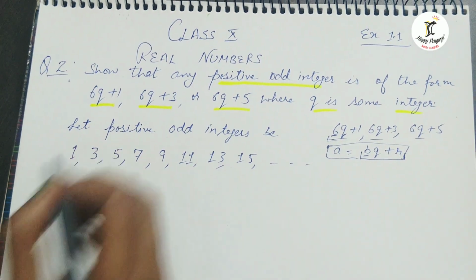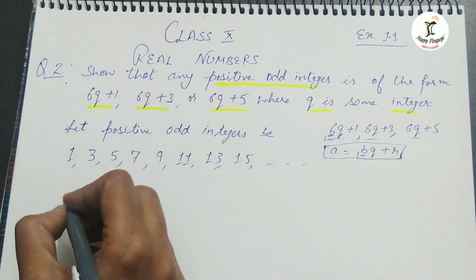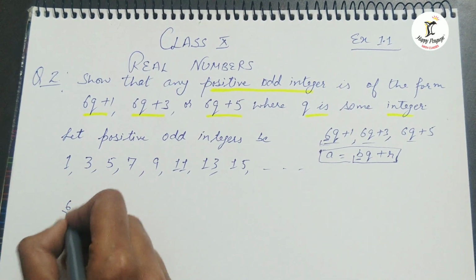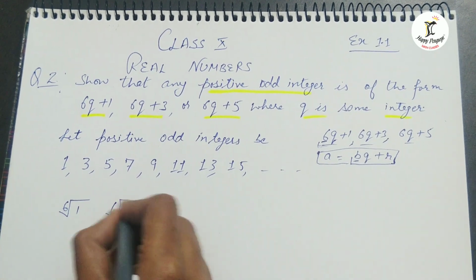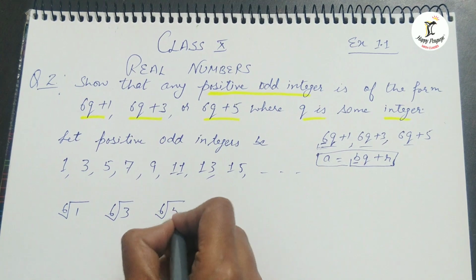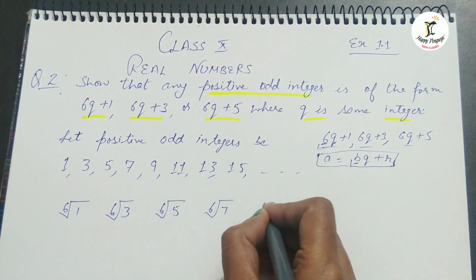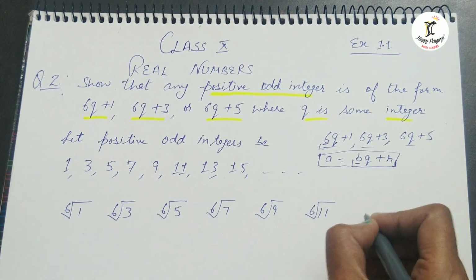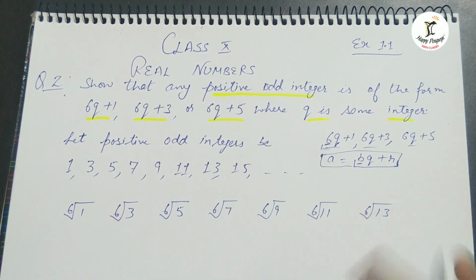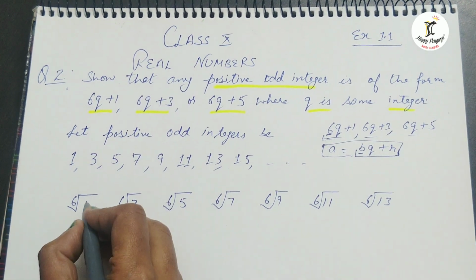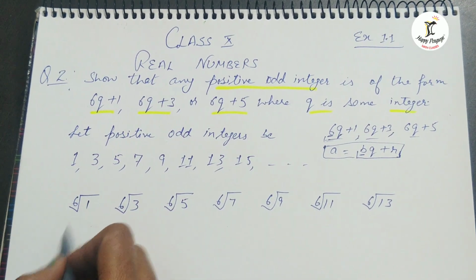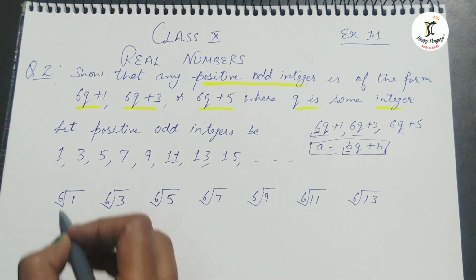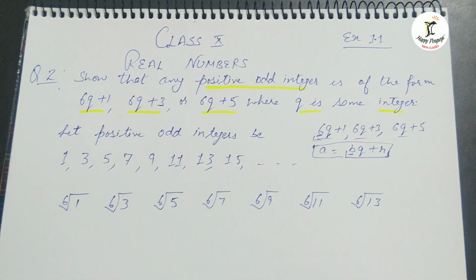Now, according to our previous questions, we have to divide these numbers by 6, like this. And so the question arises here: how can we divide 1 by 6, 3 by 6 or 5 by 6? These are smaller numbers than the divisor.